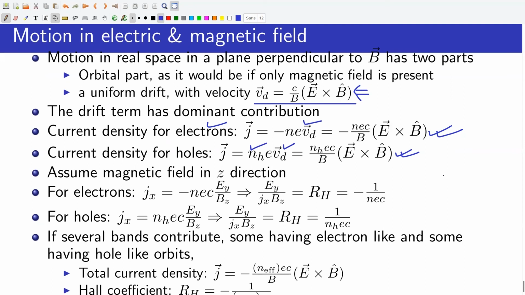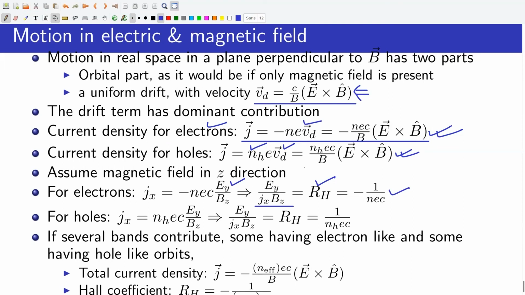If we just take the x component from both sides of this equation, then we get Jx equal to minus nec times Ey by Bz, which can be rewritten as Ey by Jx Bz, which is equal to the Hall coefficient, which is equal to minus 1 by nec.